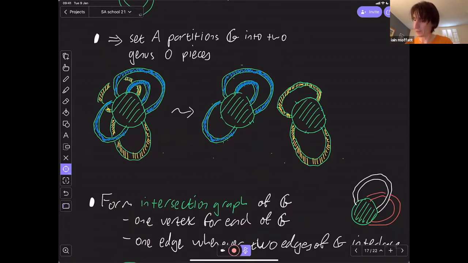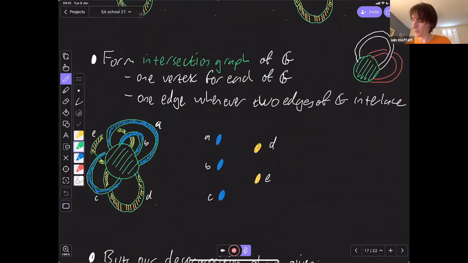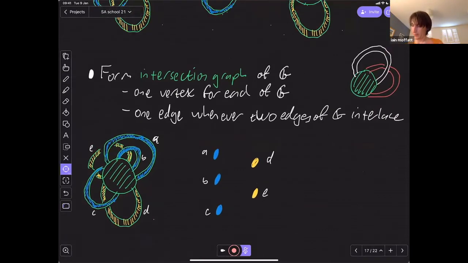And that's a very specific structure, and this tells me a lot. So with my ribbon graph from the example, I could form the intersection graph. Whenever I have a pair of edges that are interlaced like this, I'm going to record that in a simple graph.